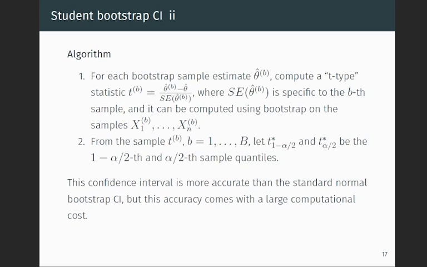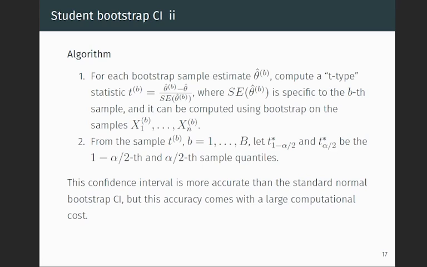And to estimate that quantity, this is where we do a second level of Bootstrap. We're going to do a Bootstrap on the Bootstrap sample. And then once we have all of those TBs, we can compute the critical values using the sample quantiles from those t-type statistics.